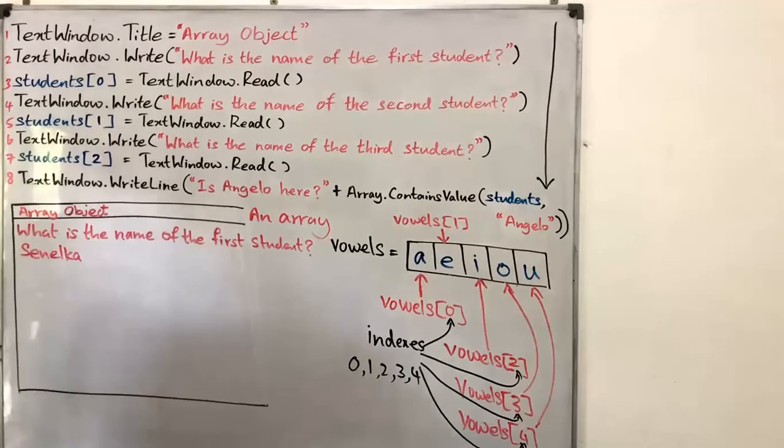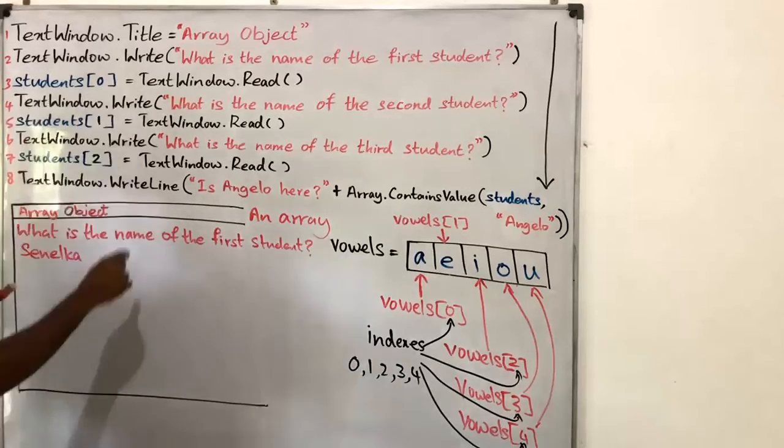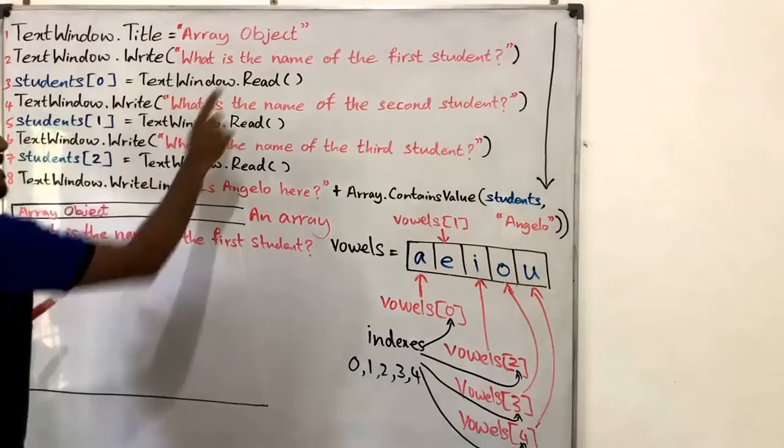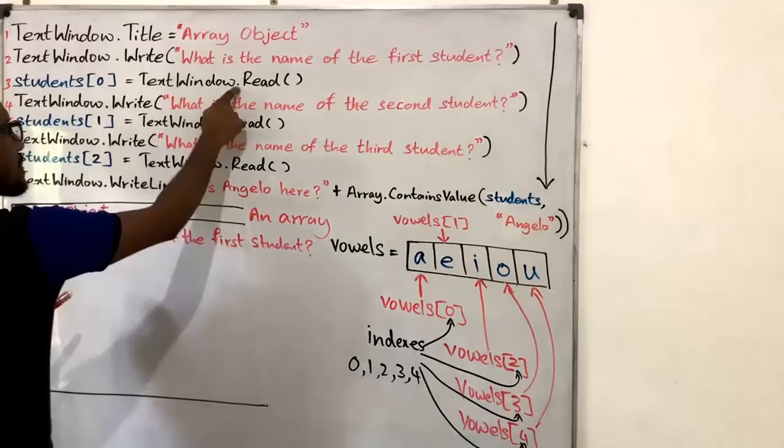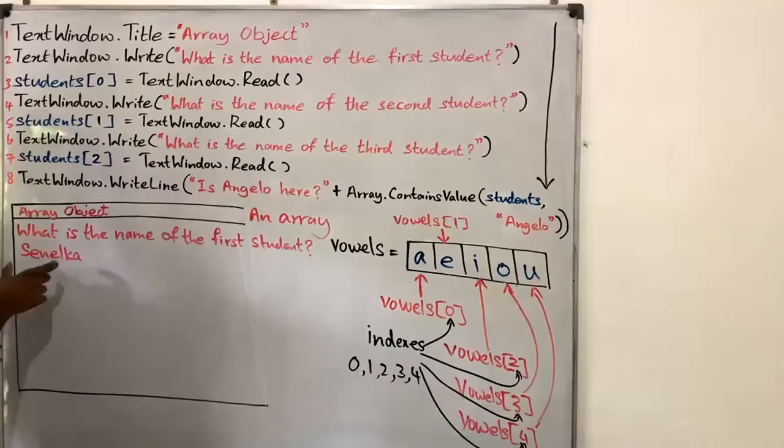Then the third statement says text window read that value. What value? The value entered by the person opposite the computer, who uses the computer.